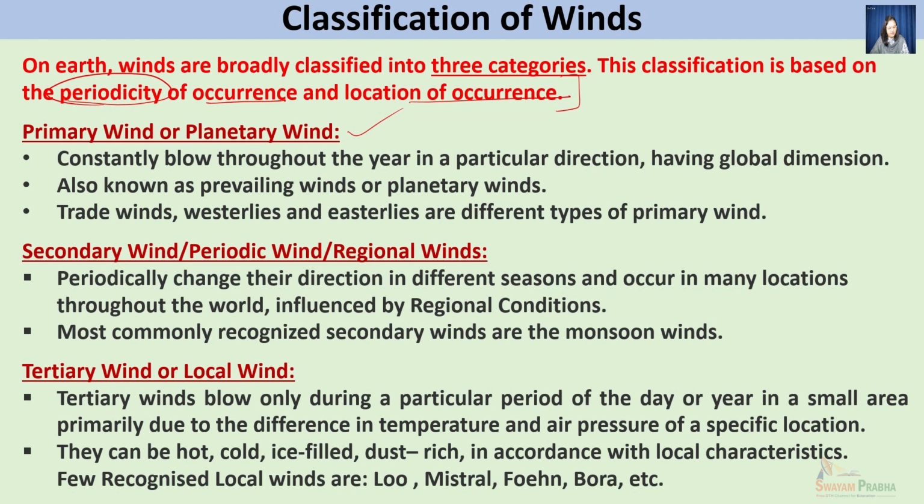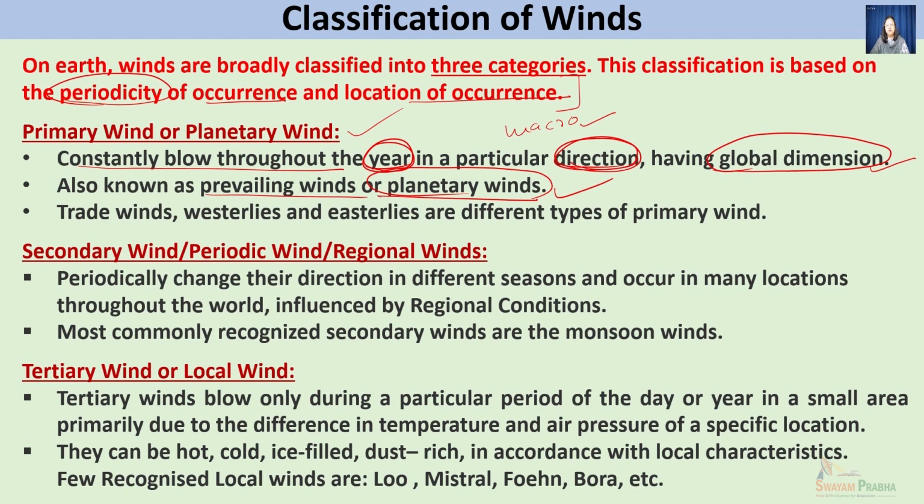Primary winds or planetary winds. These types of winds constantly blow throughout the air in a particular direction, having global dimension. So they are macro scale winds having global dimension and they constantly blow throughout the air in a specific direction, because of which they are also known as planetary winds because they have planetary circulation, and they are also called prevailing winds.